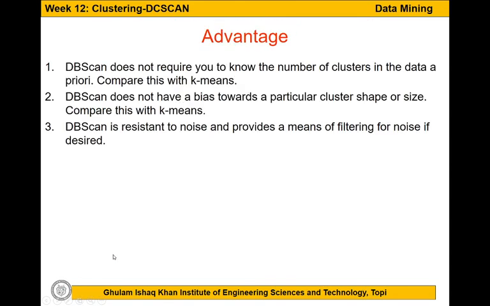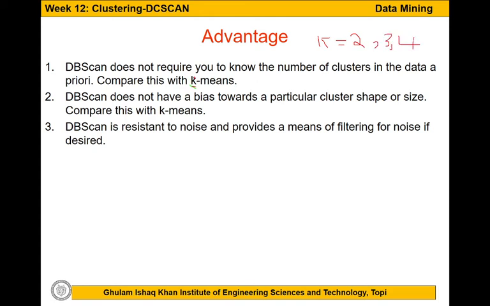This particular algorithm has many advantages. For example, one obvious advantage is that it does not depend on the number of clusters we need to know beforehand. For example, in k-means or k-medoids, we needed to provide the value of k, which is always greater than or equal to 2, like 2, 3 or 4.